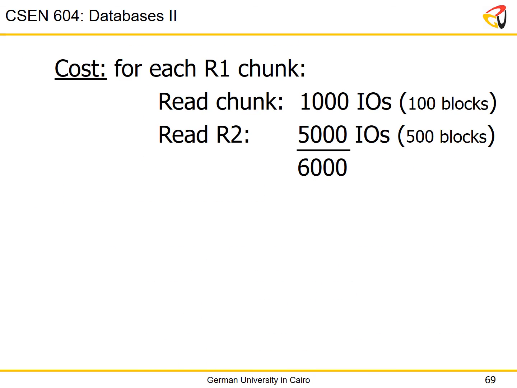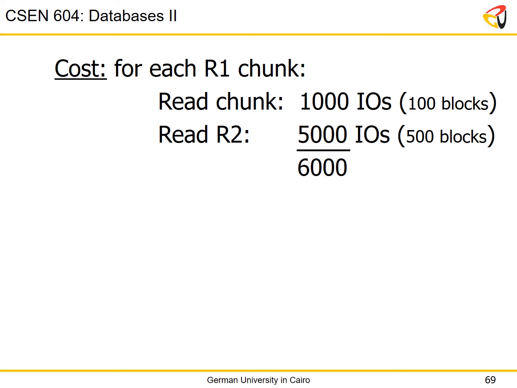Okay? Now, so this is again what I'm saying here. I will describe the part I am caching from R1 as a chunk. So I will read a chunk, and the chunk here is going to be 1000 IOs, because the 1000 IOs will fill for me 100 pages, since a page takes 10 rows. And since this is not contiguous, 1 IO equals 1 row, or 1 IO enables me to read 1 row.